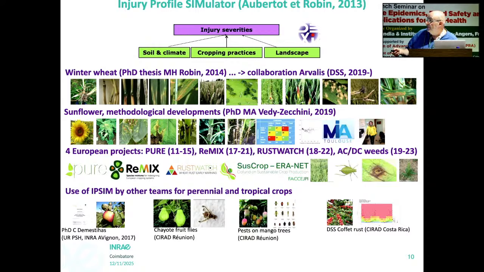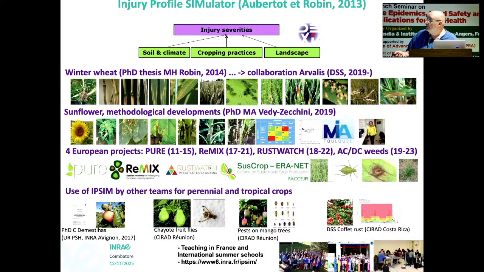Several teams, mostly French teams, use it for other crops, such as apple tree production, cherries, pests on mango trees, and we also helped colleagues from CIRAD in Costa Rica to design a coffee rust decision support system. We also use this modeling platform for various trainings.